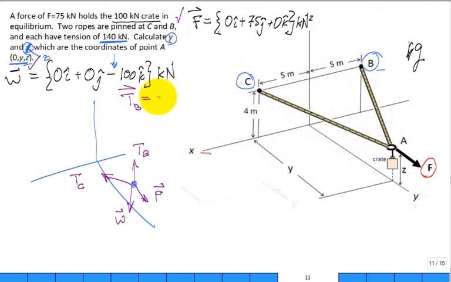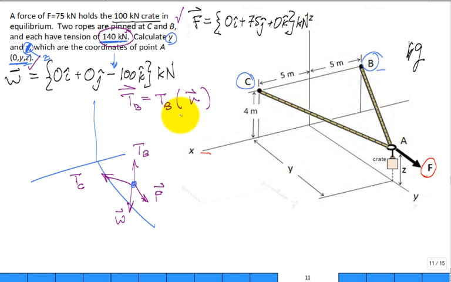What I would do is I would multiply by the magnitude, and I'm going to just put TB, and that magnitude of the tension is 140. But I'm going to leave it as a symbol for right now. 140 kilonewton times something which is a vector which gives me the right direction. And I put a little u there. What is that u for? Unit vector. Where does the unit vector go from and to?